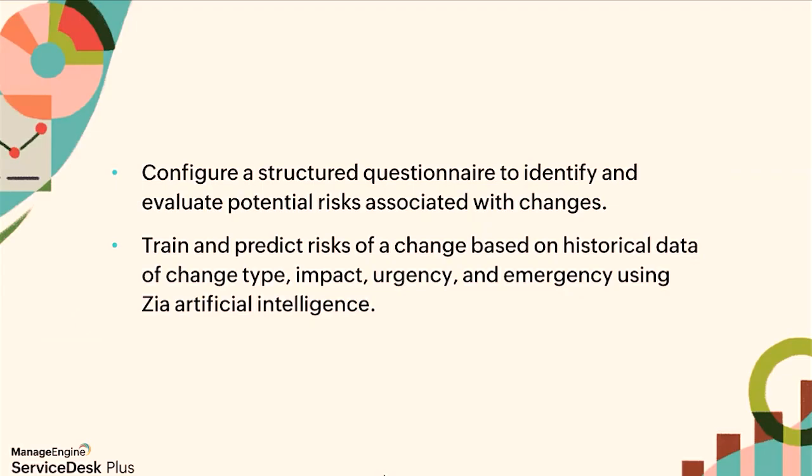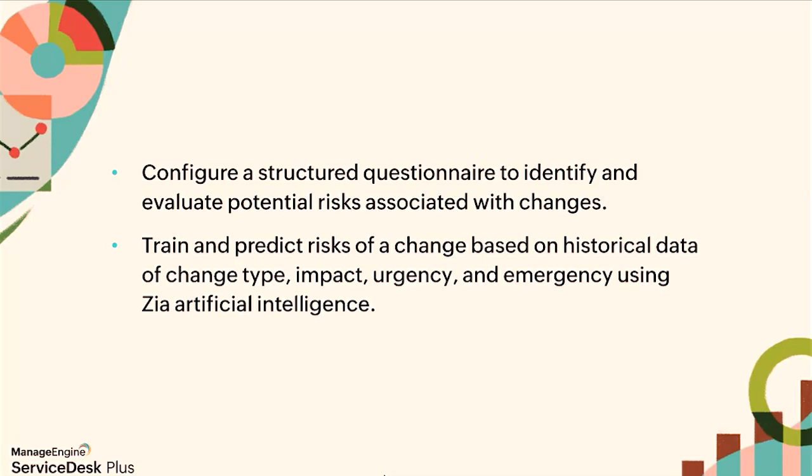They started by configuring a structured questionnaire to identify and evaluate potential risk associated with the changes. It was designed to systematically identify and evaluate the risk by asking the right questions. Then comes the intelligence layer.